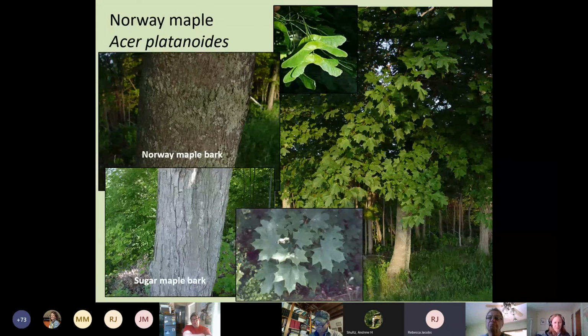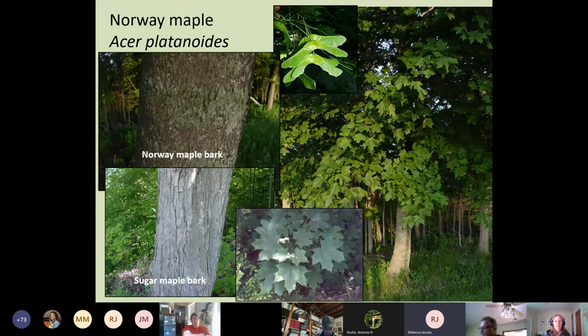So Norway maple, or Acer platanoides, is a deciduous tree species that I am sure many of you are already familiar with, but it is worth noting because it is definitely one you will be finding and marking on these plans.